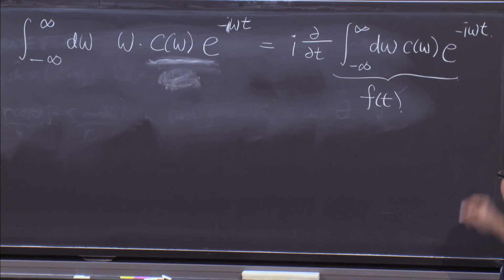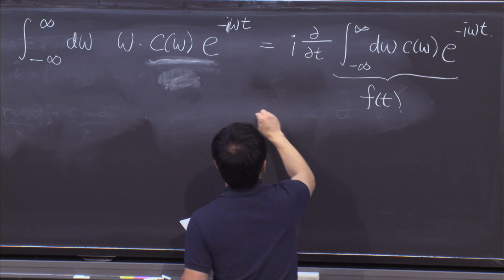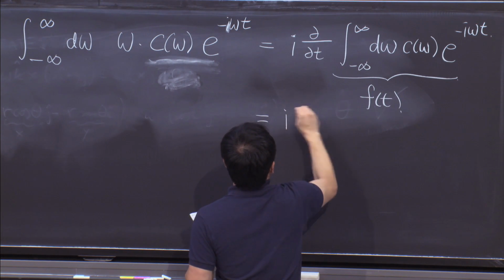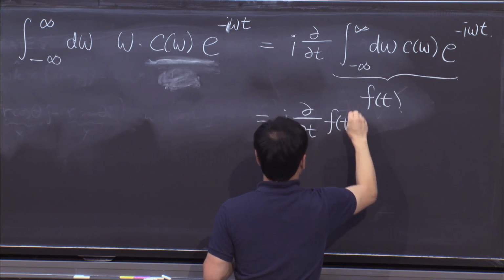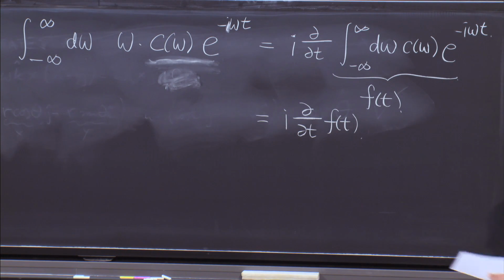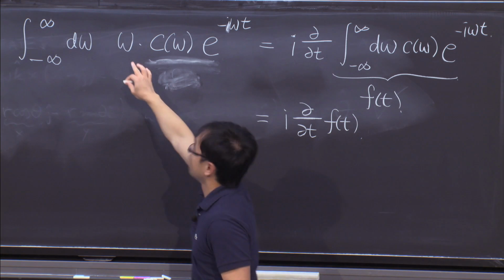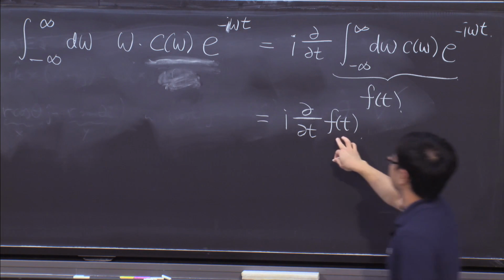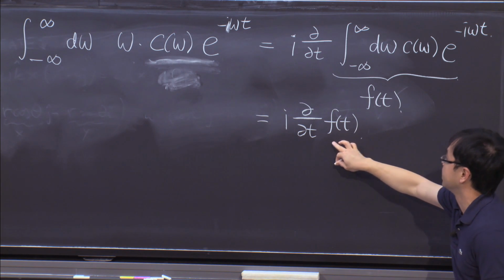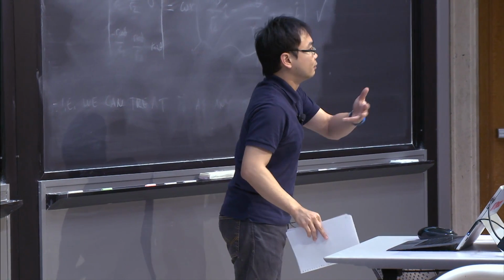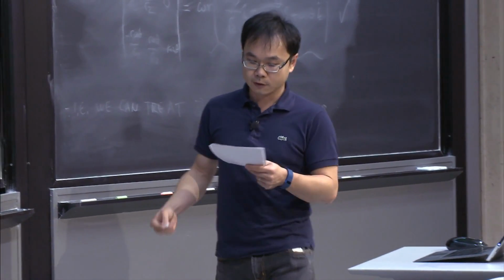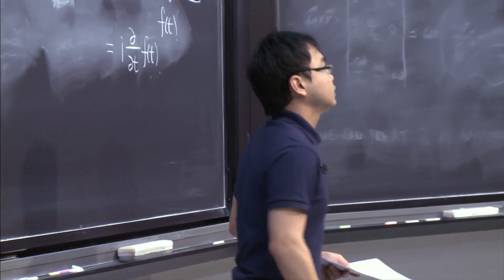That is interesting because it gives me i partial t f of t. So you can see that I don't need to deal with omega. I can do a partial derivative with respect to time, and then I can take one omega out of the function which I constructed. Any questions?